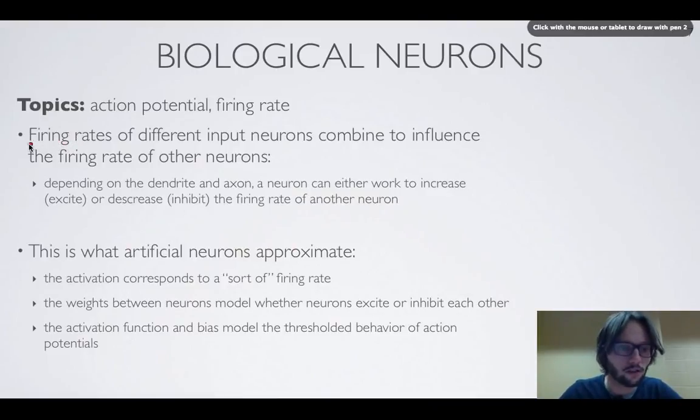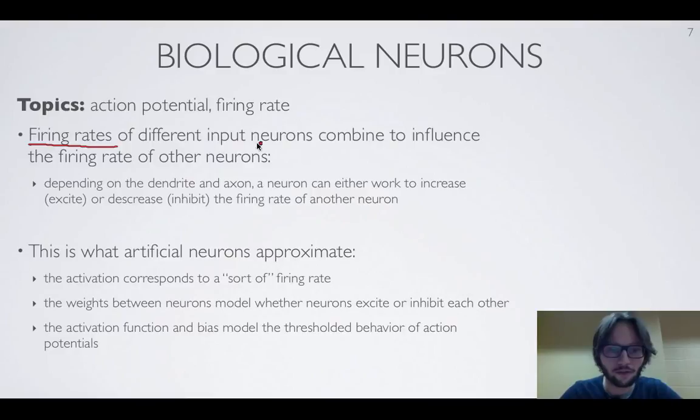Essentially, the firing rates of the other neurons that are connected to a given neuron, we'll call those the input neurons, will effectively combine to influence the firing rate of the neuron they're connected to. So if we have one neuron and it's connected to many more neurons, they have their axon, and eventually it reaches some dendrites of this neuron here.